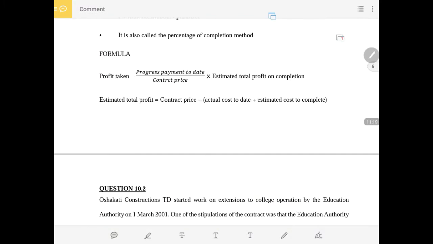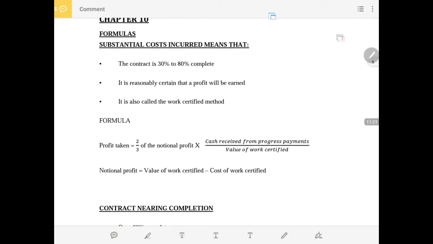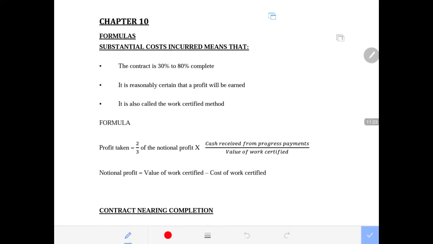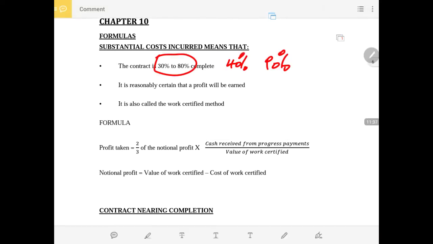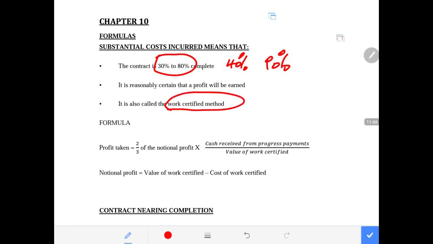Maybe some of you have been asking as I was explaining the formulas: how do I know at what stage the contract or the project is at? Is it at 40%? Is it at 90%? Because they don't always tell you which method to use. Fortunately, in the current question we are dealing with, they told us that we must use the work certified method, and we'll just use the work certified method.